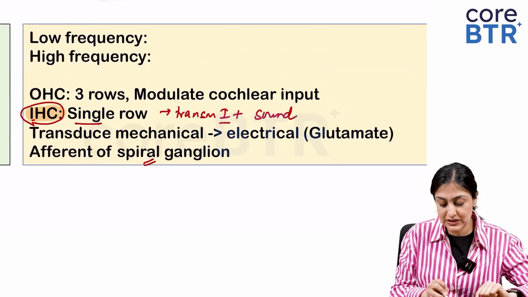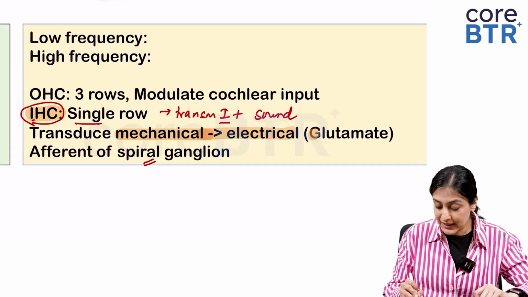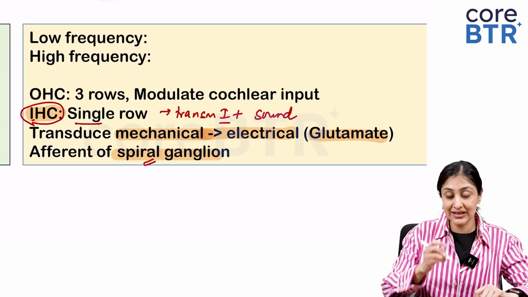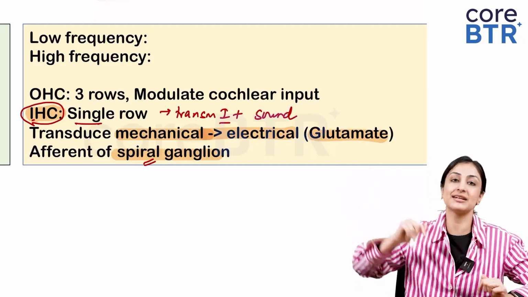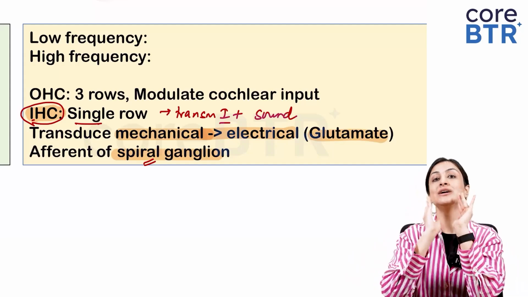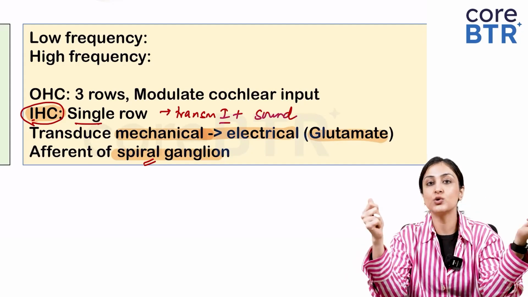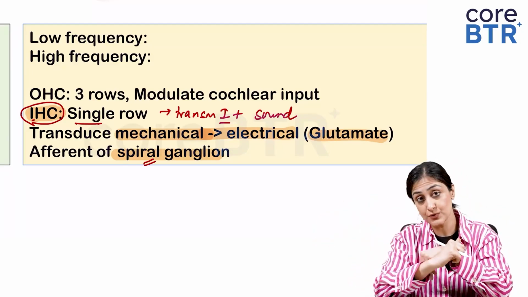So it converts this mechanical energy into electrical energy via glutamate. So it releases glutamate, and that is how the nerve is fired. Vestibulocochlear nerve will now take it, and we'll see the rest of the pathway. Understood this? So differential stretching, tectorial membrane stimulates inner hair cell that transmits the sounds.